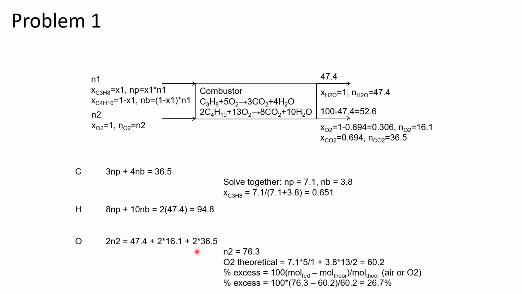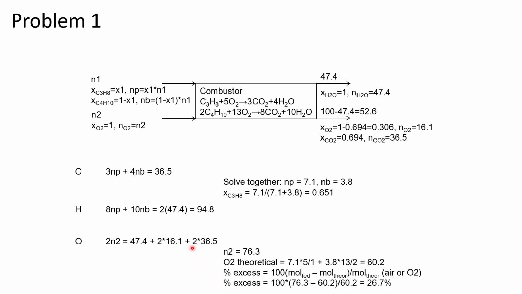Turns out there are 3 contributions to what comes out. There's 1 from the water. There's 1 oxygen atom per water molecule, so we'll have 1 times 47.4. We'll add to it the oxygen atom flow rate associated with the oxygen molecules that come out. There are 2 oxygen atoms per oxygen molecule, so we'll take 2 times the oxygen molecule flow rate, which is 16.1.